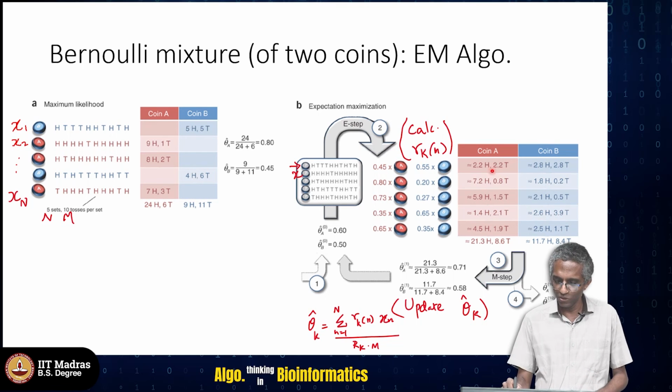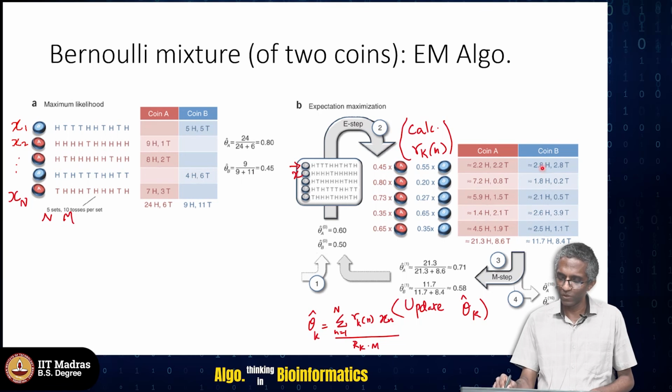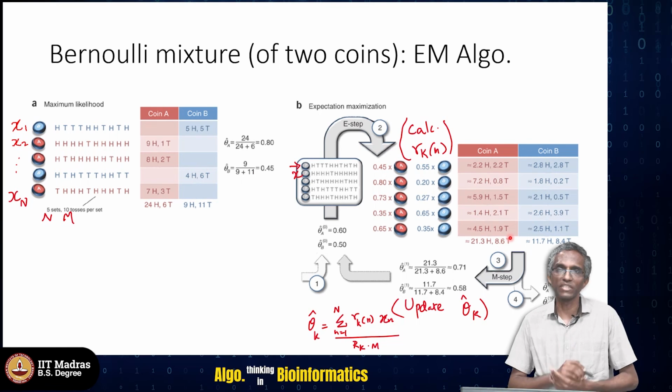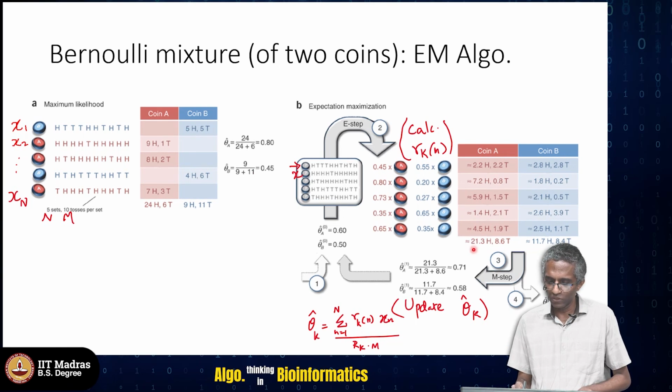Once you have all of these things, then you have this kind of hallucinated or expected complete data. So, you know for coin A how many tosses were done, fractional tosses, and how many of them are heads. Similarly, for coin B you can add it all up. So, you have 11.7 heads and 8.4 tails, and 21.3 heads and 8.6 tails, and then the total number of tosses done is 21.3 plus 8.6.